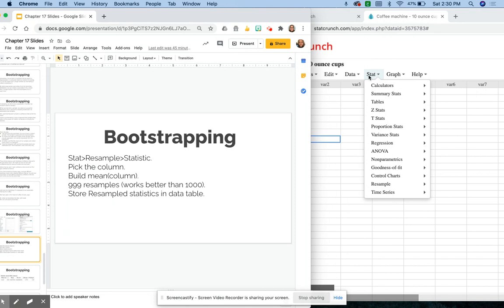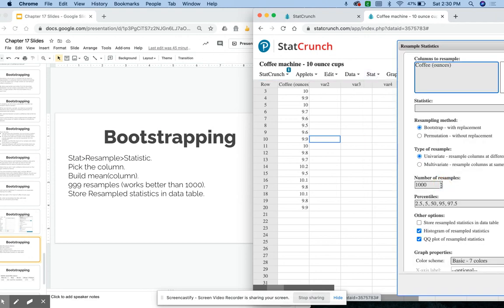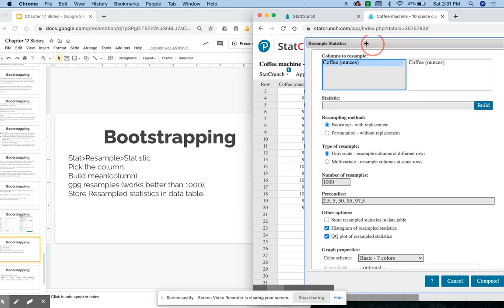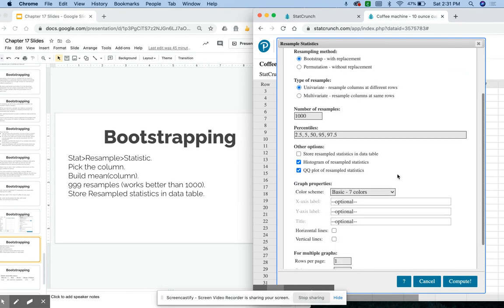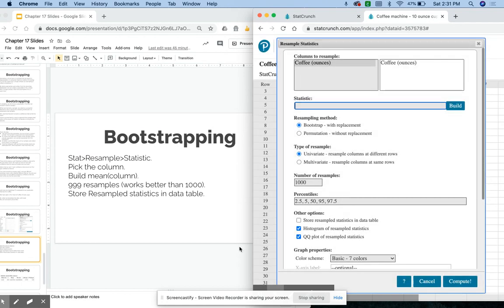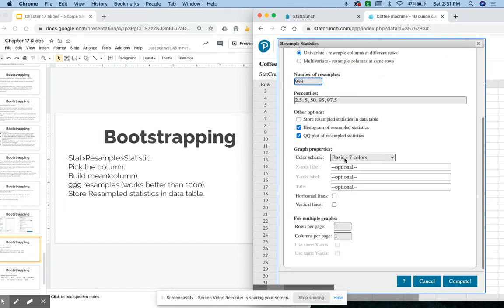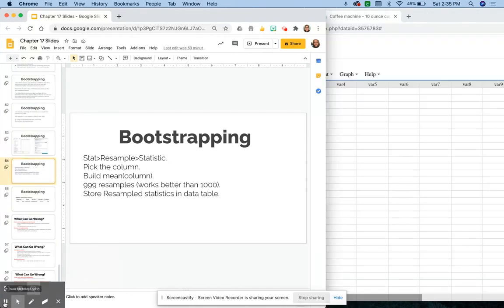So again, I'd go to Stat, Resample, Statistic, pick the column that has the data, and then build the mean column. Oh, hold on, I forgot to select something. Oh, 999 samples works better than... oh, I'm not clicking something right.